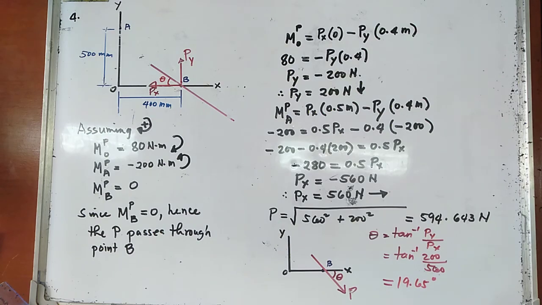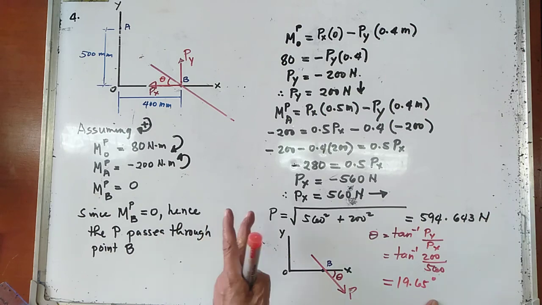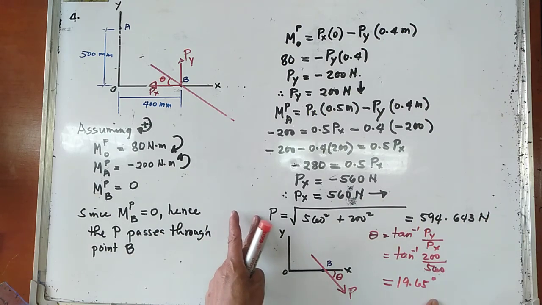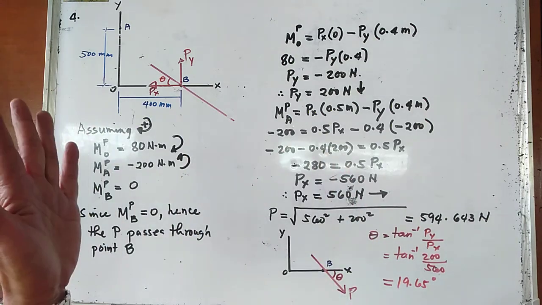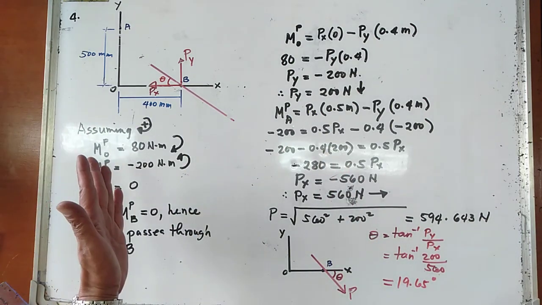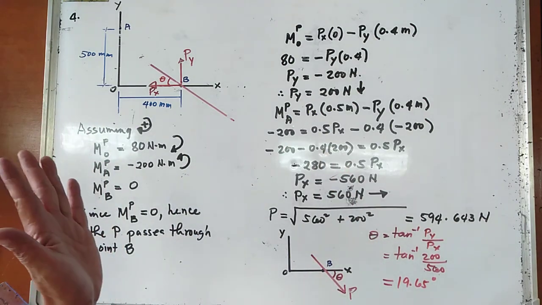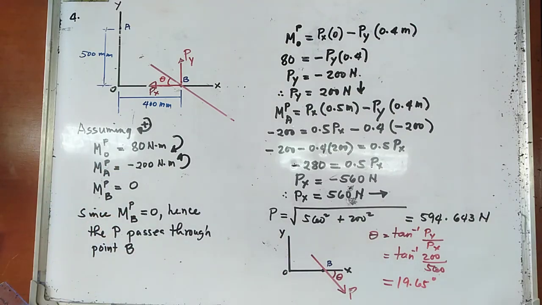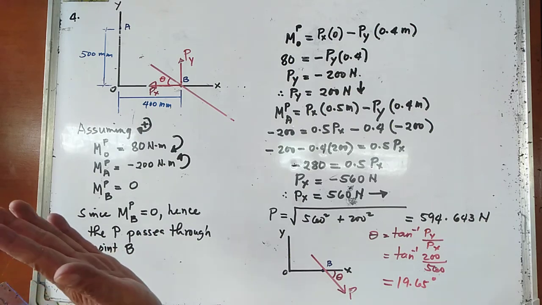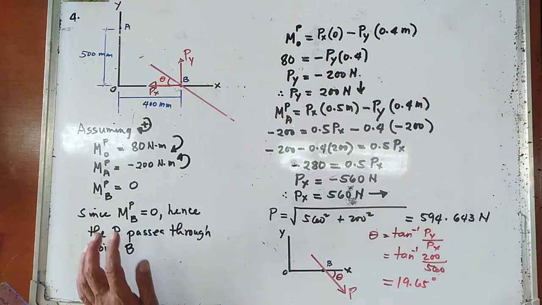So this is therefore the angle that P makes with the x-axis. Take note that when we assumed counterclockwise moment as positive, P is up to the right and it makes an angle.